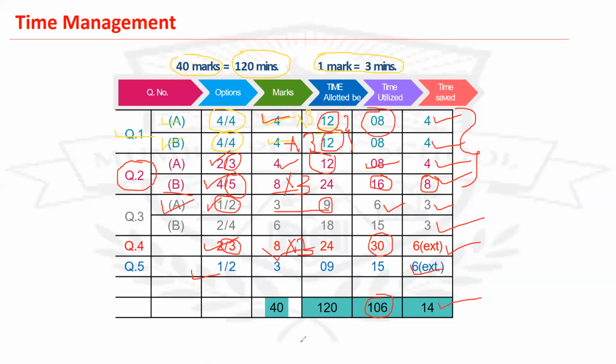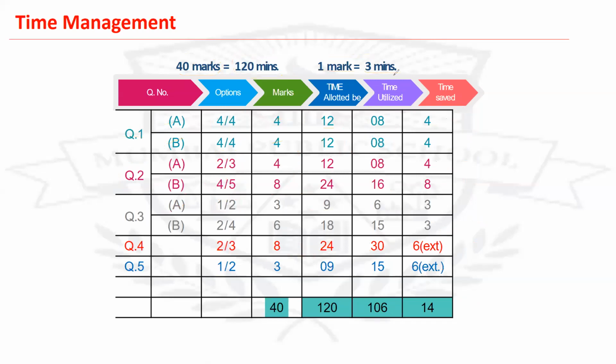So here you can go through the answers, the solutions, whatever you have done, and you can recheck your paper, whatever minor mistakes are there, that you can clarify. And you can submit your paper. So in this way, if you manage your time properly, I'm telling it again, you'll be able to get good marks.